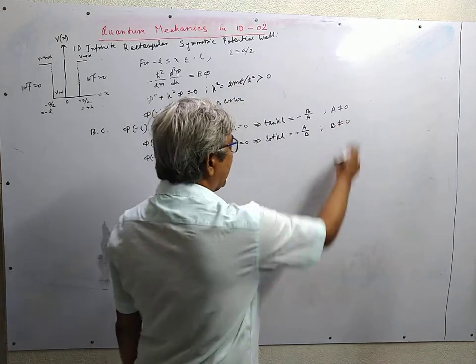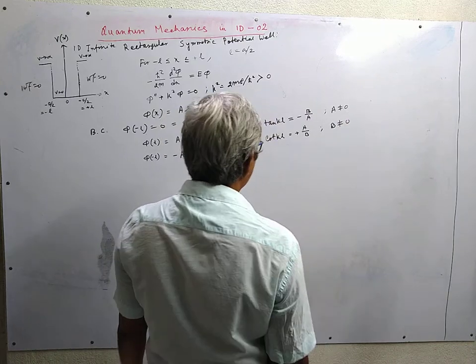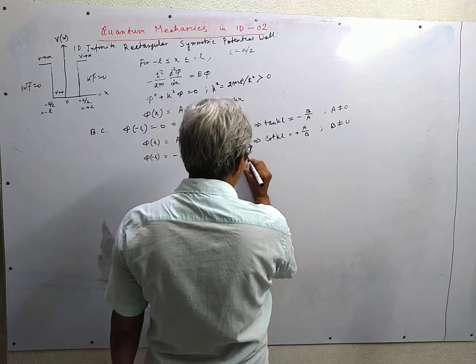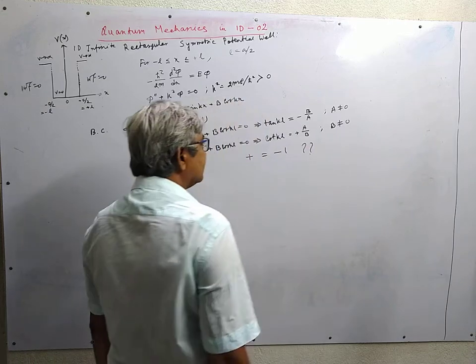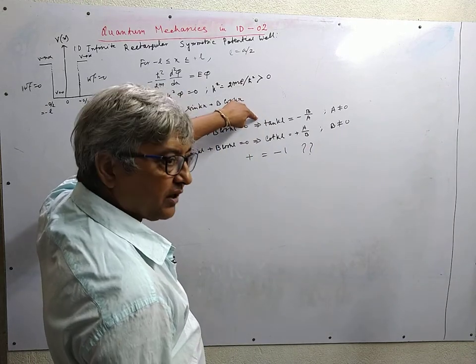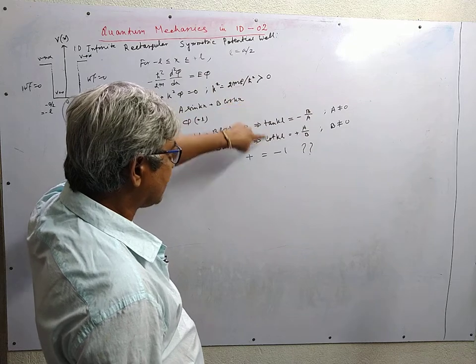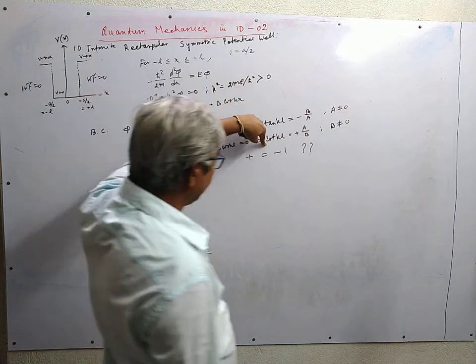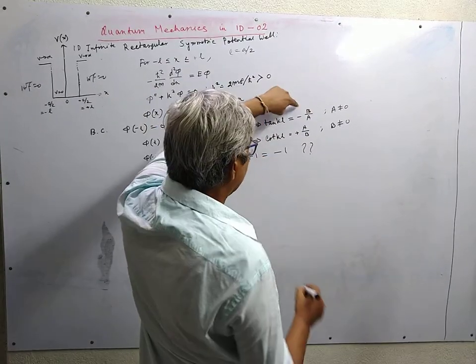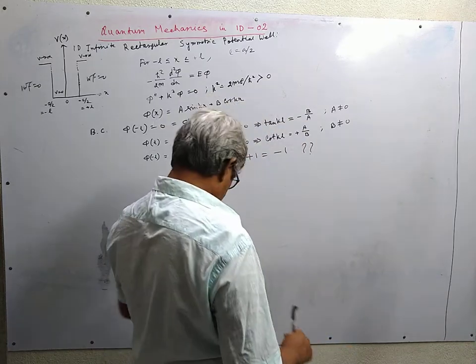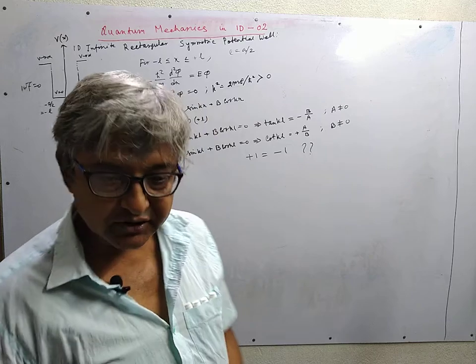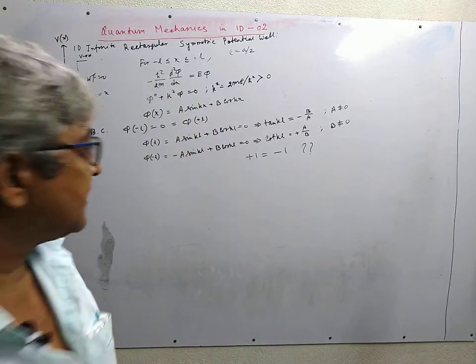If we multiply these two equations, we should get that plus 1 is equal to minus 1. Because on the left hand side you have tan KL times cot KL, which is 1, and on the right hand side this cancels out. So we have arrived at an absurd situation.